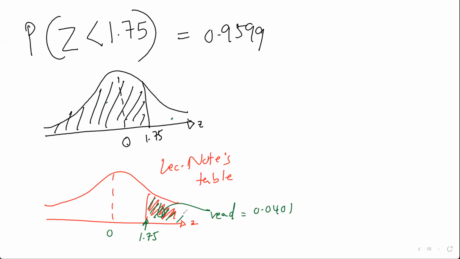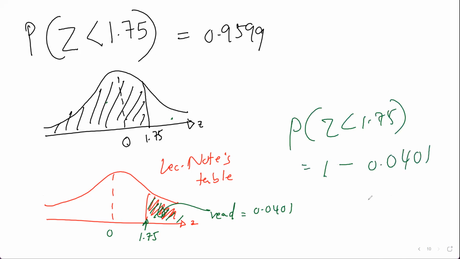So how do you compute less than? Simply take the whole thing minus this one. The area under the entire curve is 1, so the probability of less than 1.75 is 1 minus 0.0401.